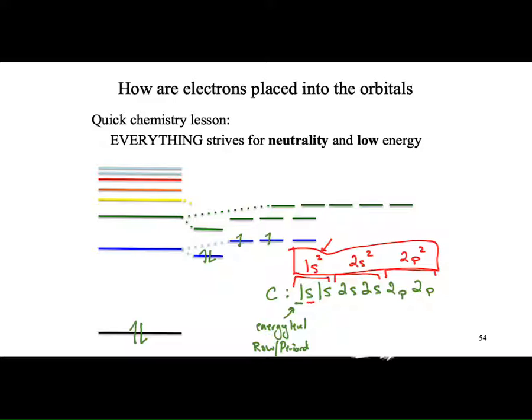The next point is the letter. This is the name of the block on the periodic table. If we look now to our electron configuration, that number as a superscript is the column of the block.